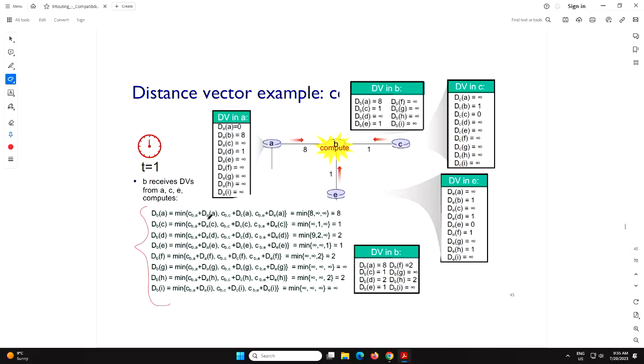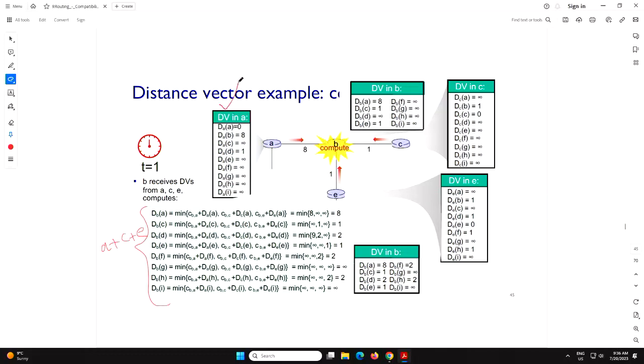Just to show you, but if you are implementing, then you should immediately update as soon as you receive from A or E or C. So we are combined, A plus C plus E. The information has come from A, from C, and from E.